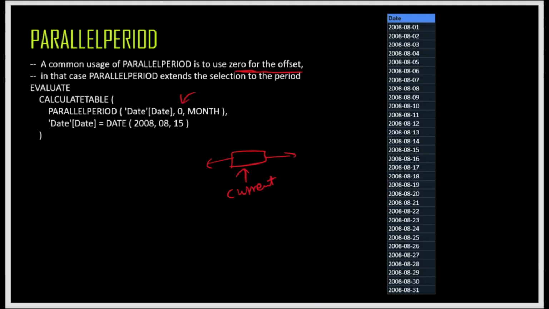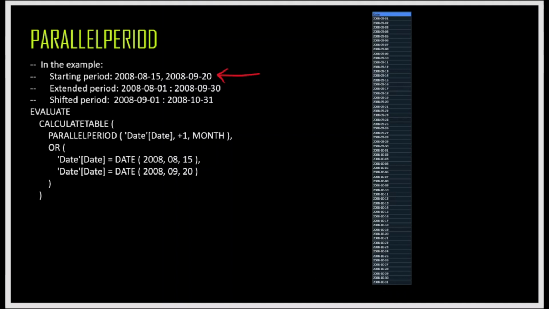So here we are specifying 2008 August 15th, and we get the full range of given date, and the interval here is month, so we get the full month range starting from 1st of August and ending till the end of this month.